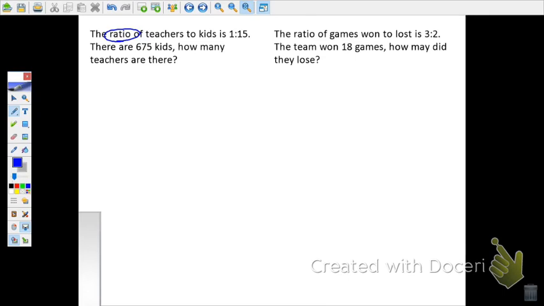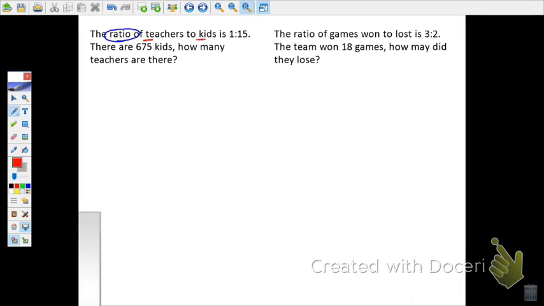So first thing we want to do is take a look at that ratio. We're going to write it in fraction form. The ratio is teachers to kids. And again, I said order is very important. So I'm going to use T for teachers and K for kids.